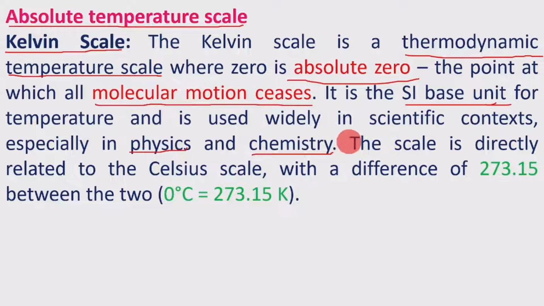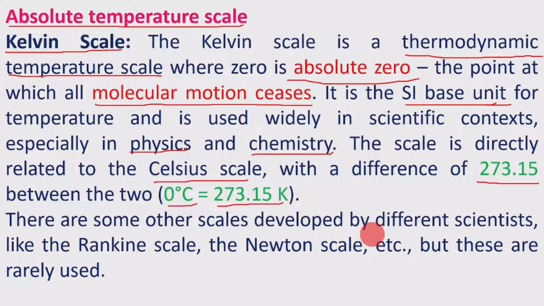The scale is directly related to the Celsius scale with a difference of 273.15 between the two. That means 0 degree Celsius is equal to 273.15 Kelvin. This is about the Kelvin scale.